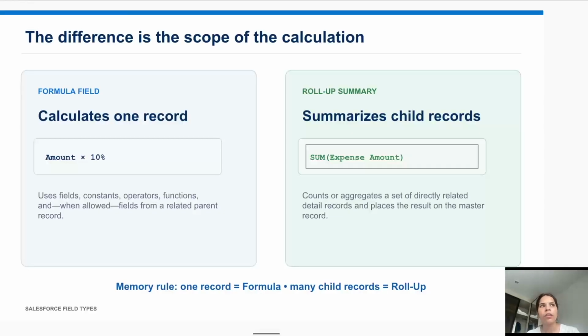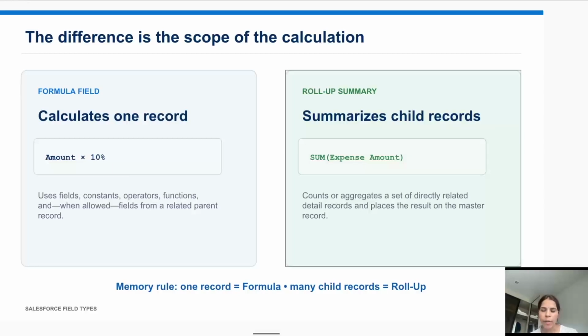Then for that we can create a formula field. For example, we can use a formula field on the opportunity object called calculated amount, and we can use the formula amount multiplied by 0.10.